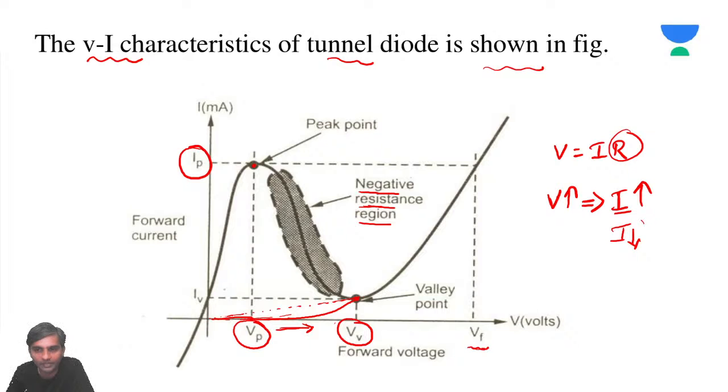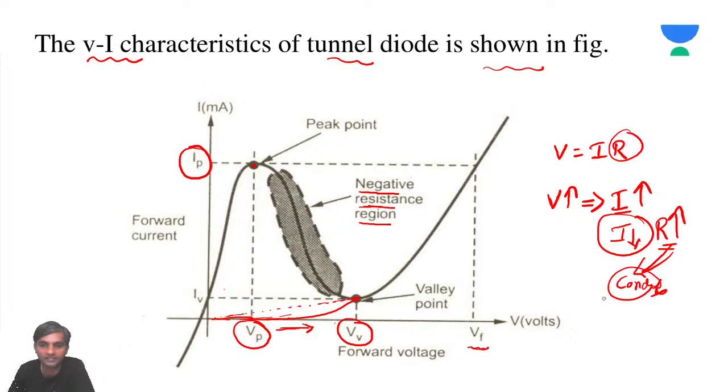Current decreasing means the resistance R is increasing, which means conductivity is decreasing. Because of that, this is called the negative resistance region.